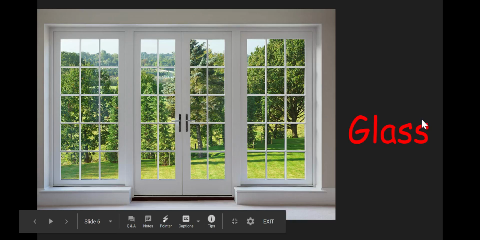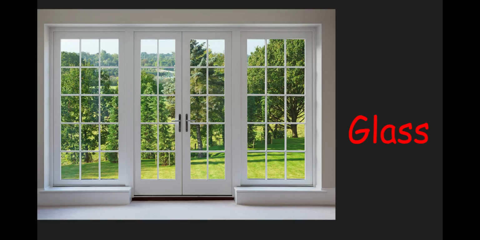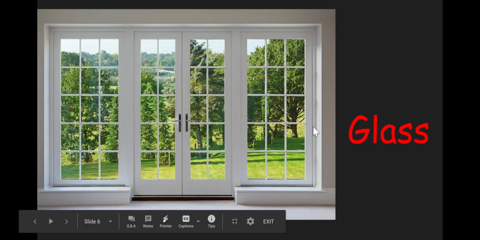Now, this week we're talking about why are certain things made of these materials, and why do they have the properties that they have. So I want you to look at this window here, okay? I notice that it is see-through. I can see through it, right?